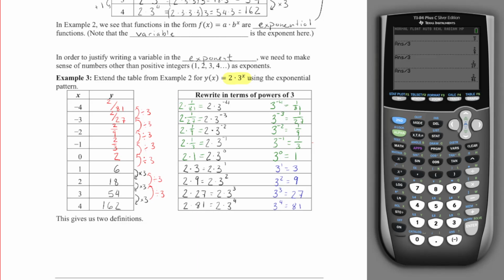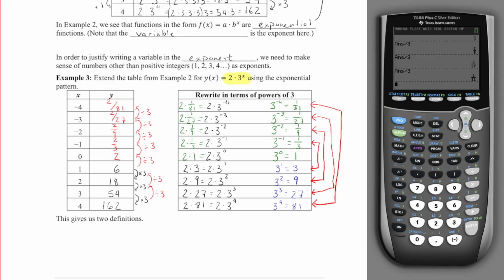We see 3 to the negative 1 is 1/3 to the 1. 3 to the negative 2 is 1/3 to the 2. 3 to the negative 3 is 1/3 to the 3. 3 to the negative 4 is 1/3 to the 4.